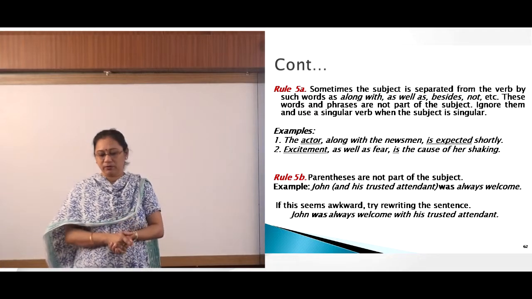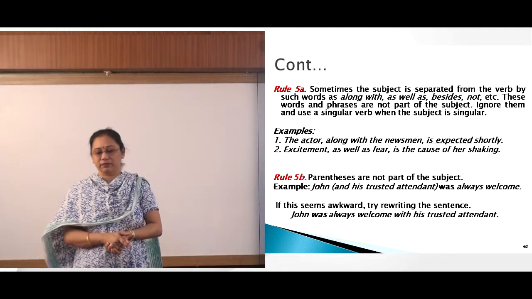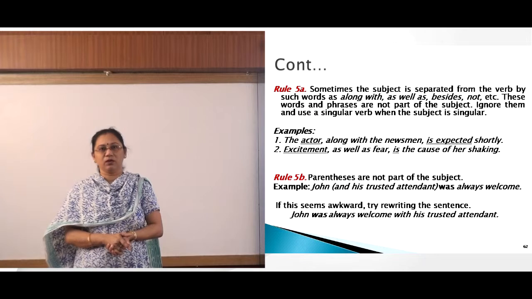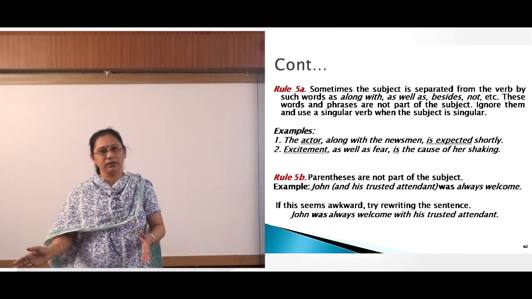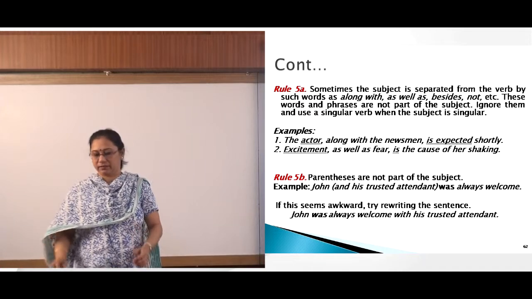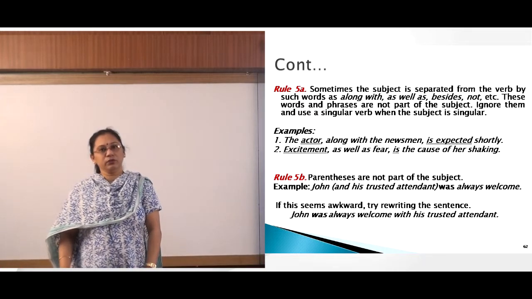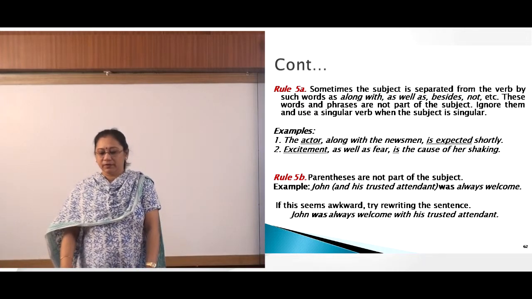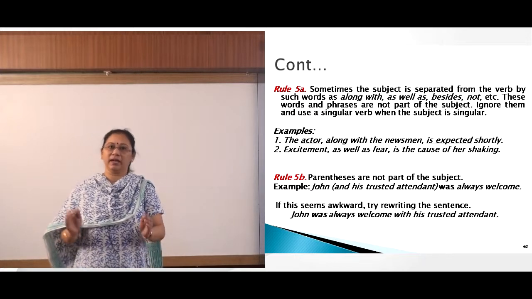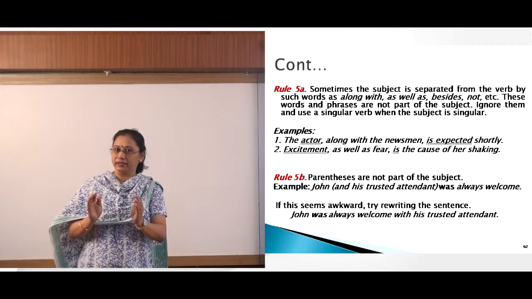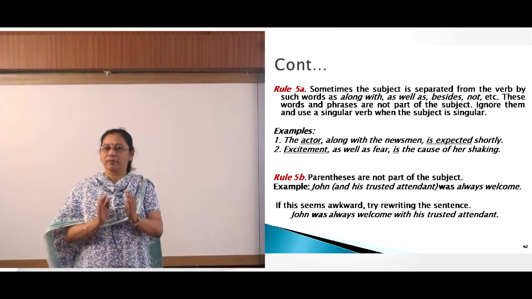The second example also: excitement as well as fear is the cause of her shaking. What is the main cause? Excitement is the main cause of her nervousness or shakiness. Let us move on to rule 5b, which says parentheses are not part of the subject. Parentheses meaning brackets. What comes in brackets should not be considered as part of the subject.